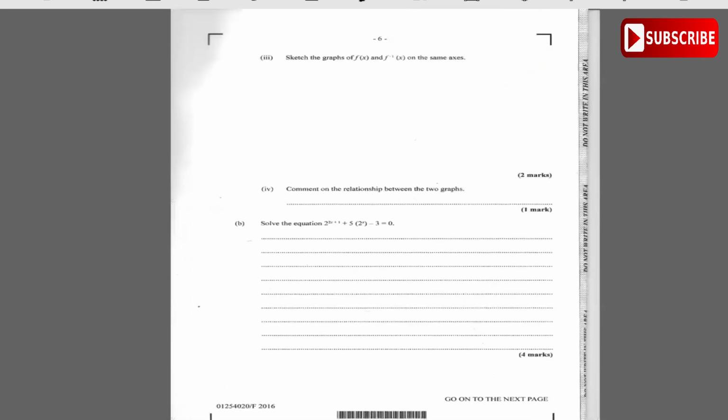Now it says, sketch the graphs of f of x and f inverse on the same axis. It says sketch, so you don't need to kill yourself. You don't have to. It's a sketch. So I'm going to get out my y and my x-axis, and first I'll sketch f of x. You have to remember the domain. The domain was between negative 2 and 1.